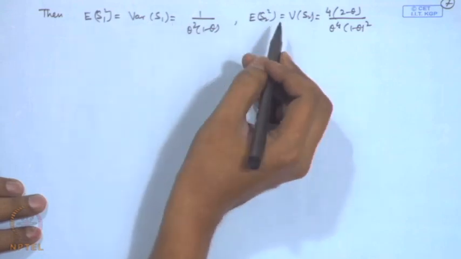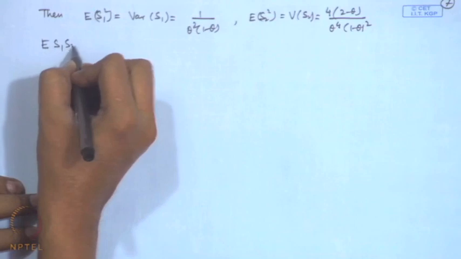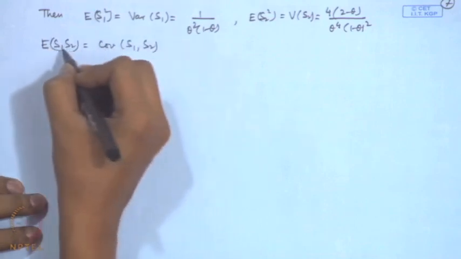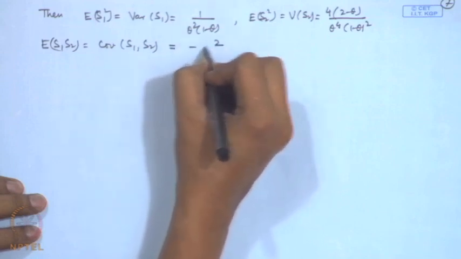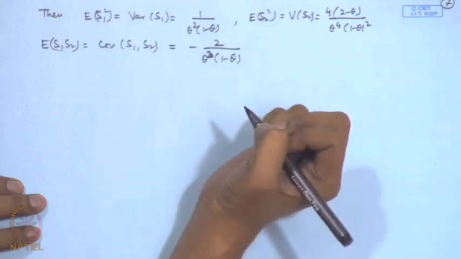We also need the covariance between S1 and S2, that is expectation of S1 S2, because expectation of S1 and expectation of S2 are 0. This is equal to minus 2 divided by theta cube into (1 - theta).